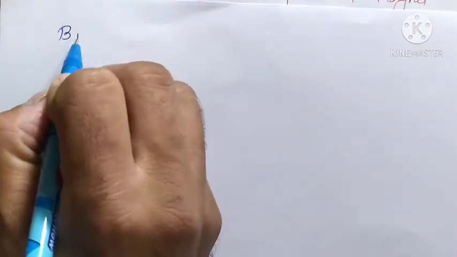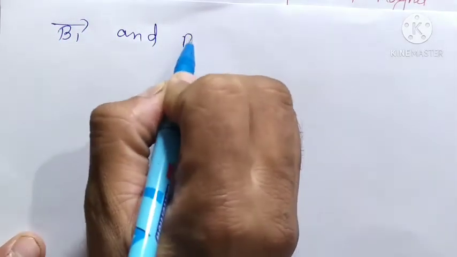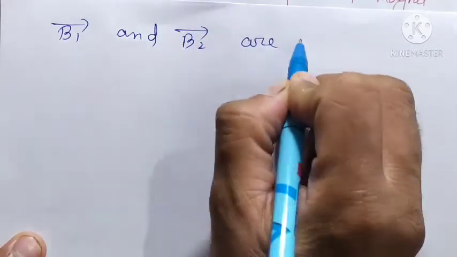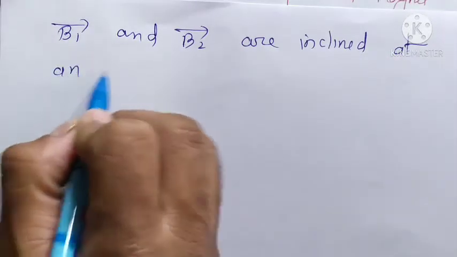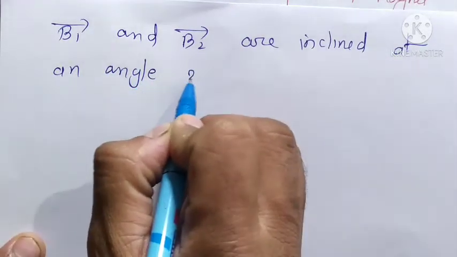B1 and B2 are inclined at an angle 2 theta.